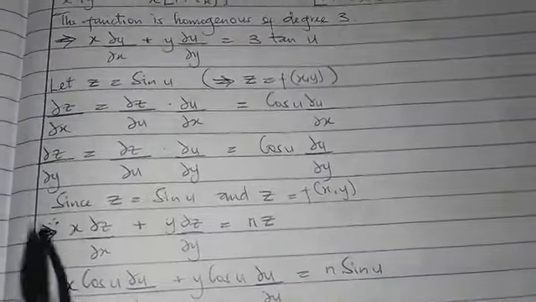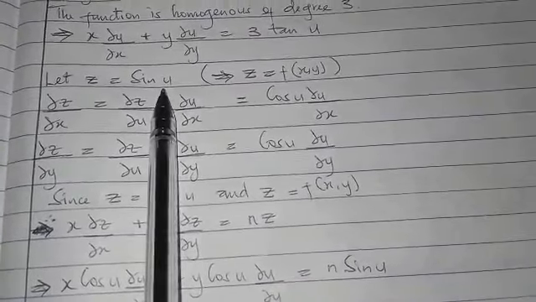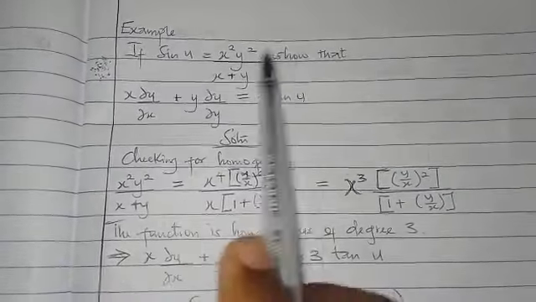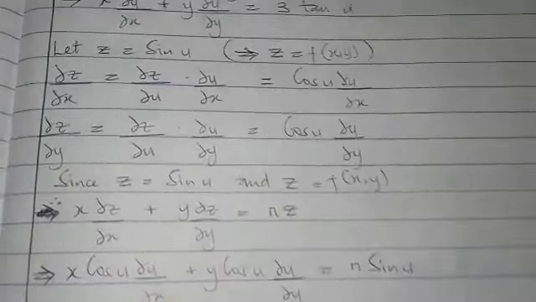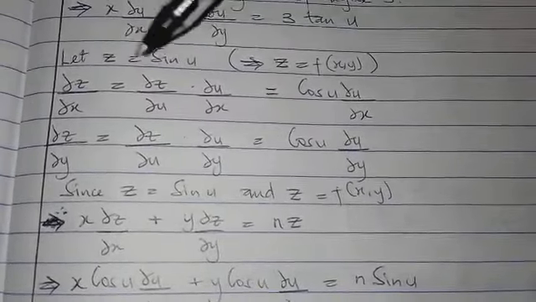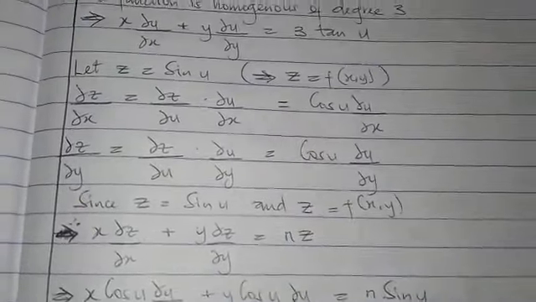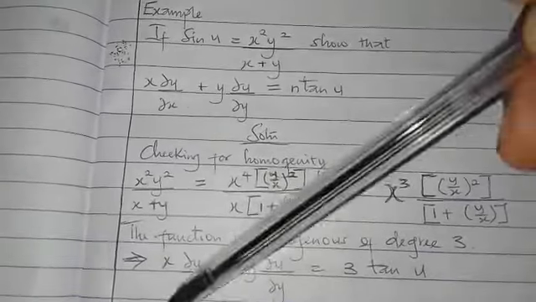Listen now. z is equal to sin u. So z is a function of u, and u is a function of x and y.